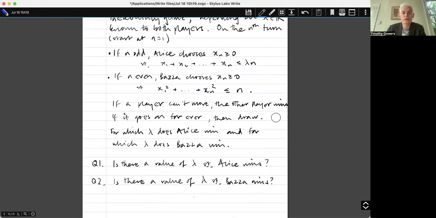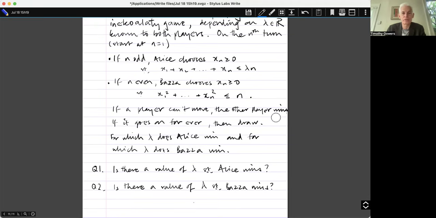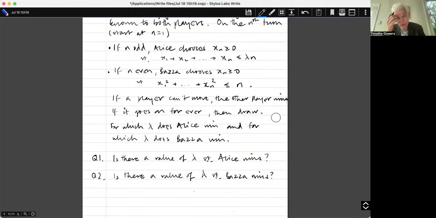I just want to find a single value of lambda such that Alice wins the game, if I can. And I suppose it is still reasonably easy, because it's easy to find a single value. If lambda is really big, we'll see how big it needs to be for this argument to work.